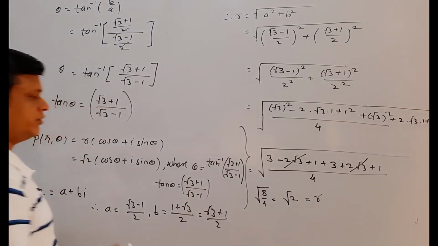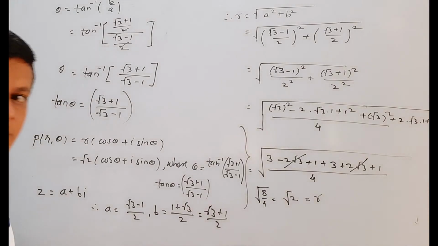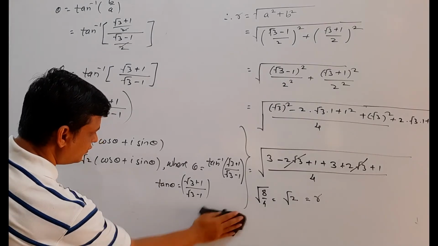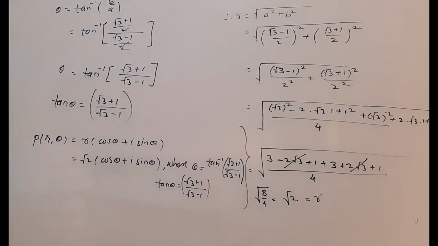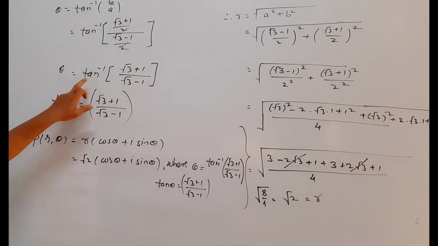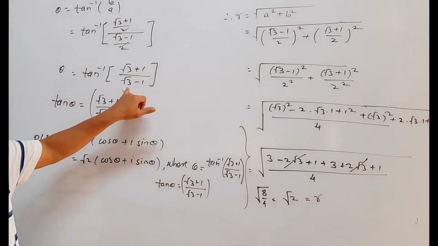That means there is no need to find the value in terms of radians. So you get the answer: r is equal to root 2, theta equals tan inverse (root 3 plus 1) upon (root 3 minus 1).